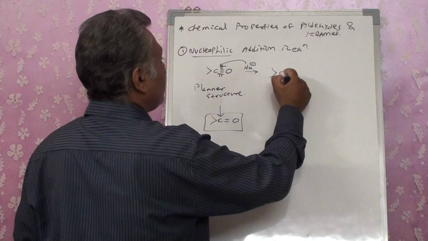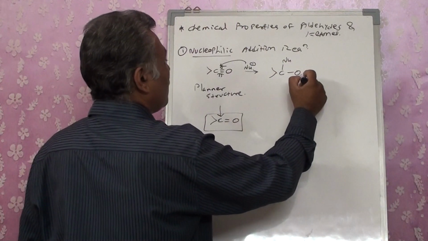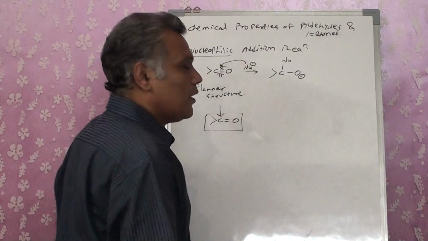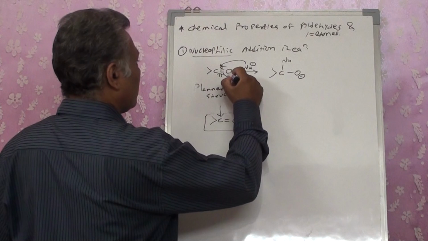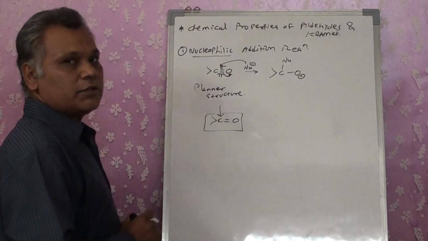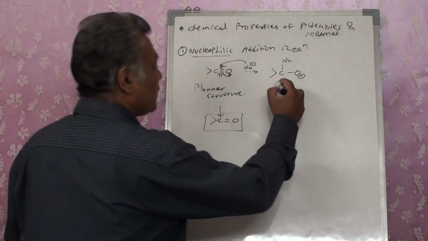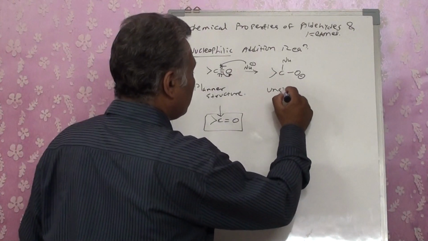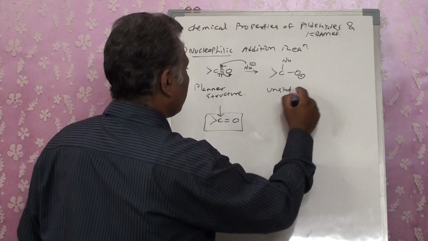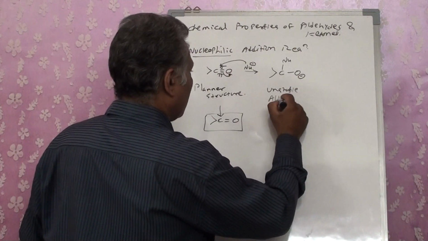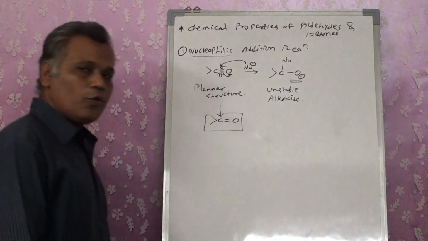Initially, as an intermediate, you will get the nucleophile attached, and oxygen will become negatively charged. That means the electron pair moves towards the oxygen and the nucleophile comes onto the carbon. This is an unstable alkoxide because of the O- group.